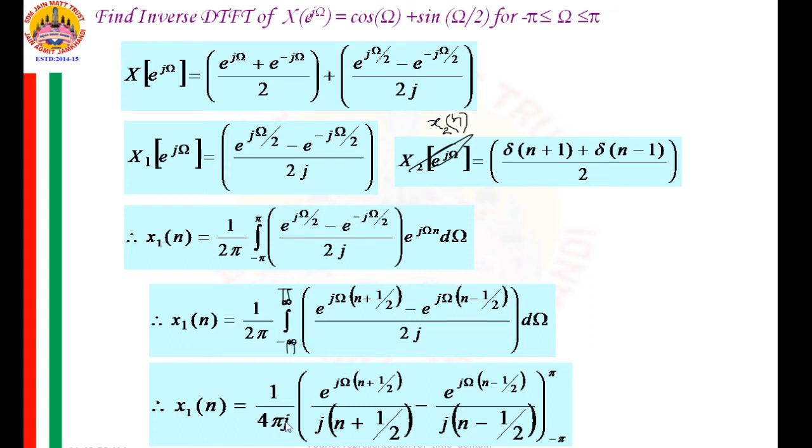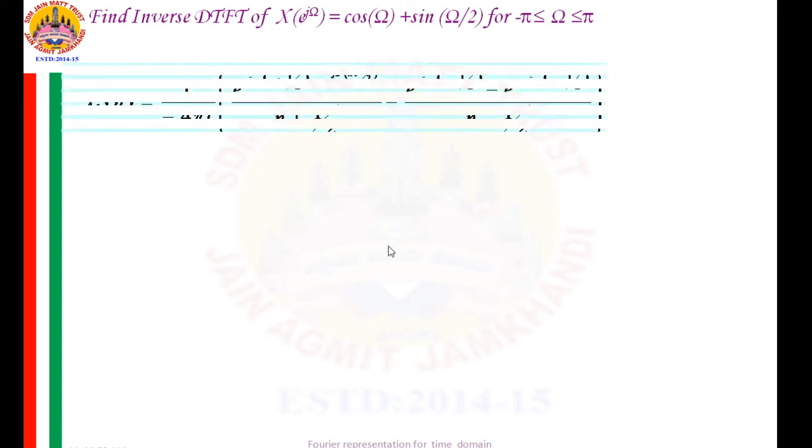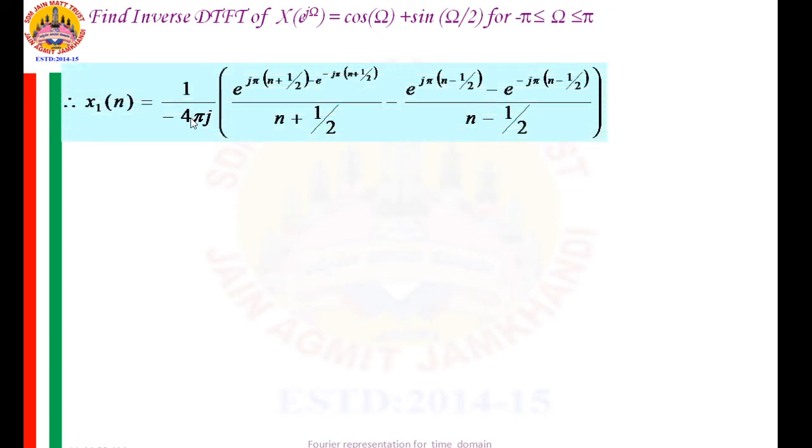So when you multiply with this j, you get minus 4 pi, j will get cancelled. So j into j will become minus 4 pi. Okay. E raised to j pi n plus 1 by 2 minus e raised to minus j pi n plus 1 by 2, and for here e raised to j pi n minus 1 by 2 minus e raised to minus j pi n minus 1 by 2.